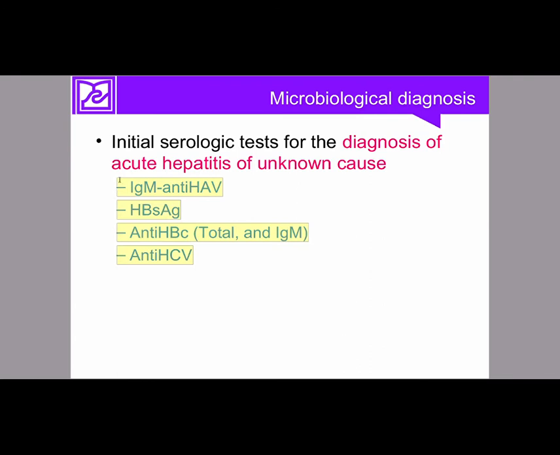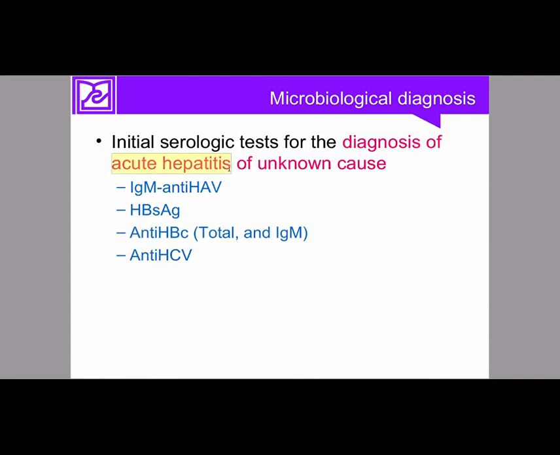But acute hepatitis is also possible by toxins or by other viruses. For example, cytomegalovirus, Epstein-Barr virus, many other viruses may cause acute hepatitis, okay? So these are the markers that you have to order in the beginning to help you in the diagnosis of acute hepatitis.